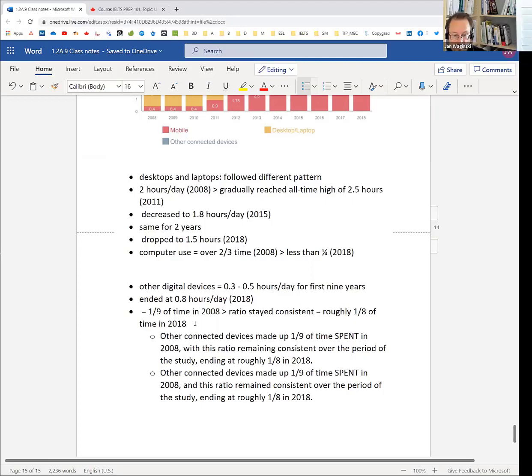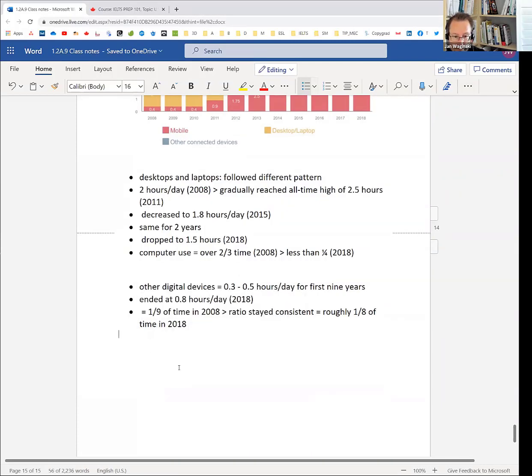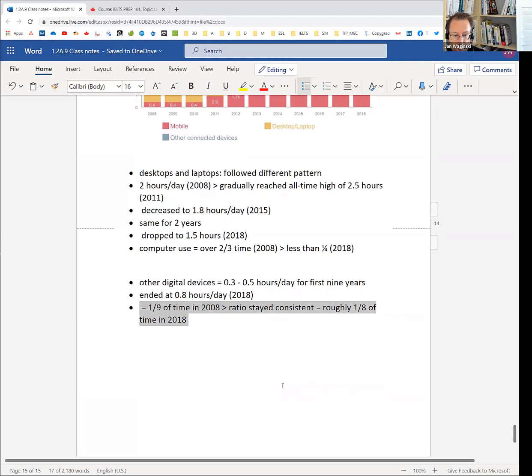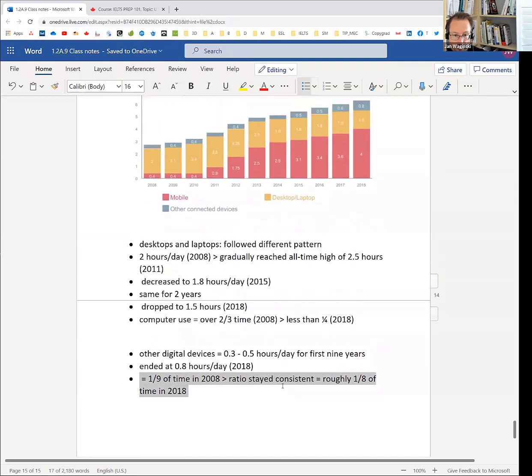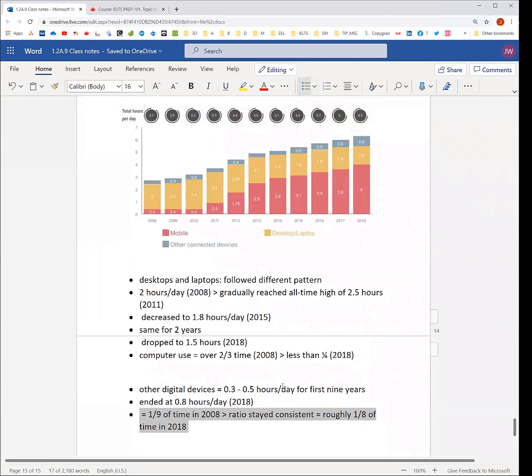Okay, Kelly, one more time. This part, go ahead. The other connected devices made up 1/9 of time in 2018. 1/9 of time spent. 1/9 of time spent in 2018. Again, all connected devices made up 1/9 of time spent in 2018.